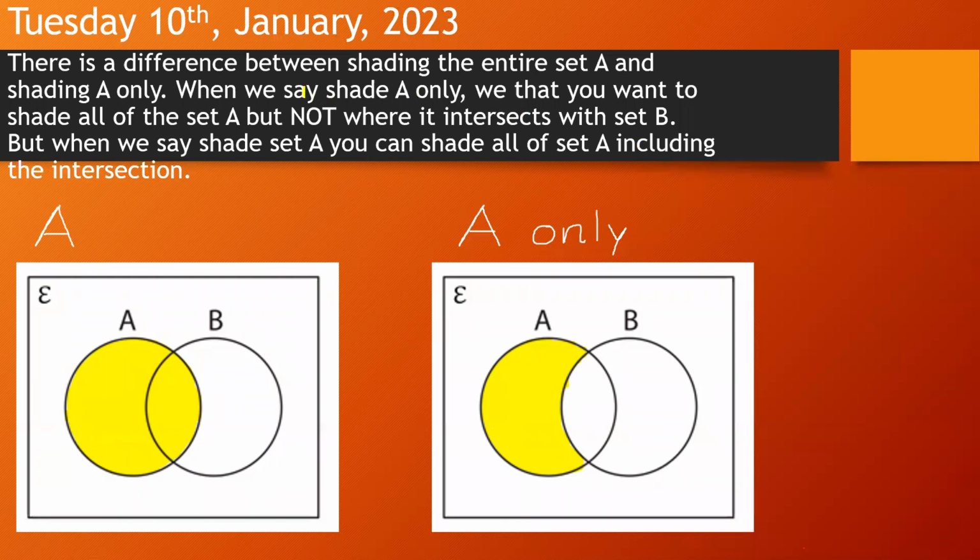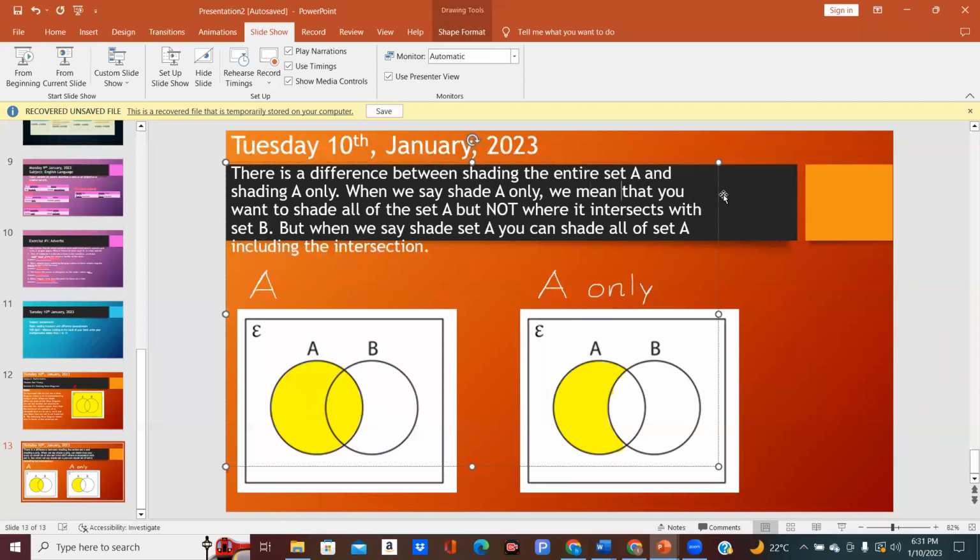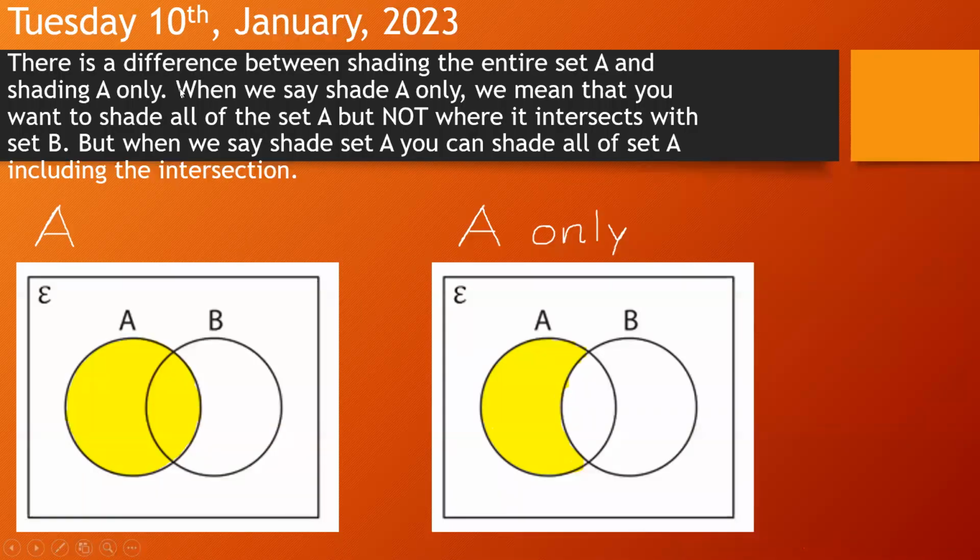When we say shade A only, we mean that you want to shade all of the set A, but not where it intersects with set B. But when we say shade set A, you can shade all of set A, including the intersection. So basically this one includes the intersection, this one does not.